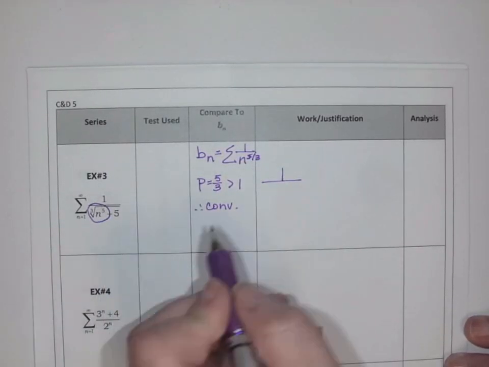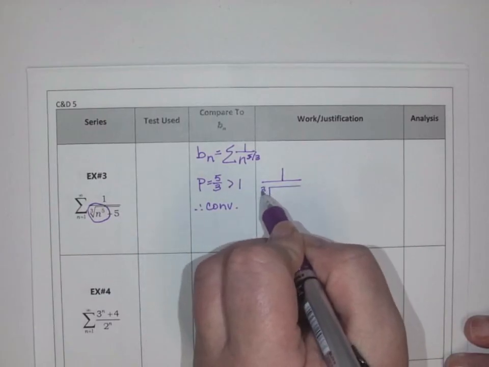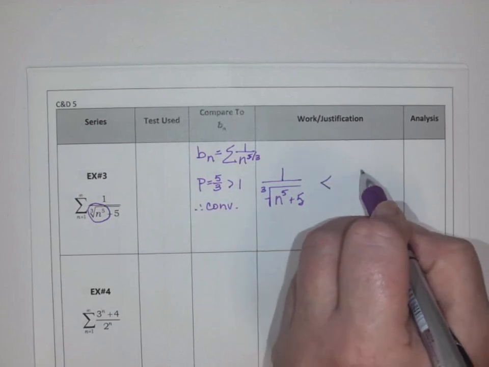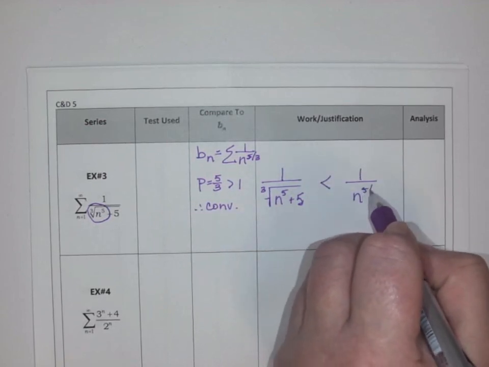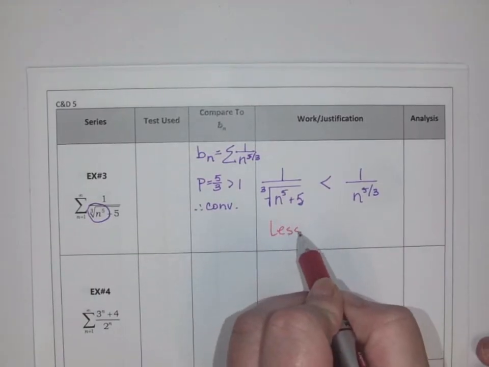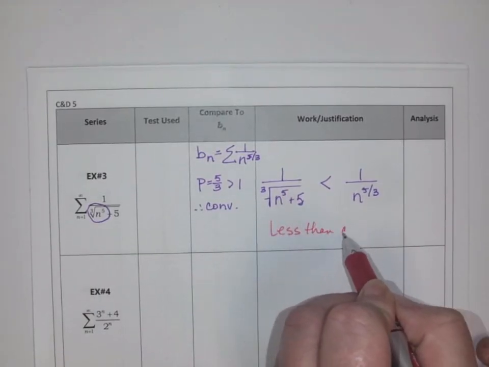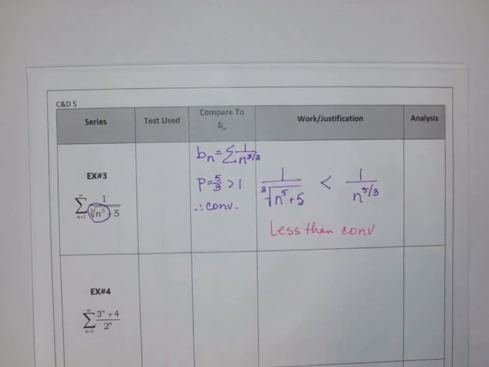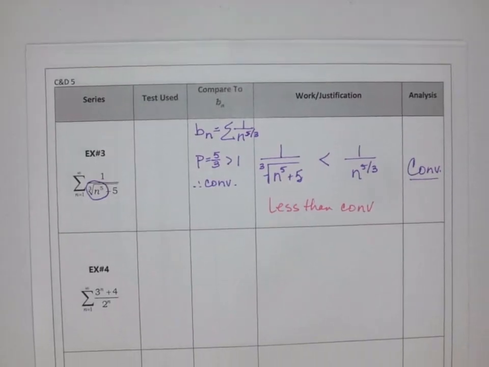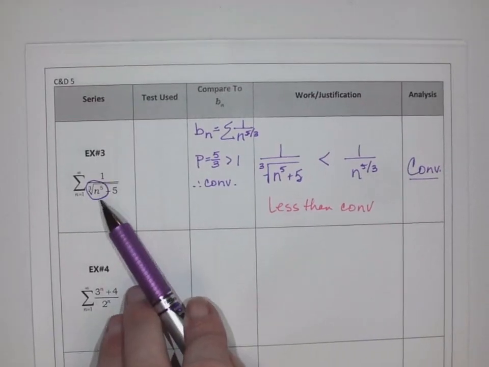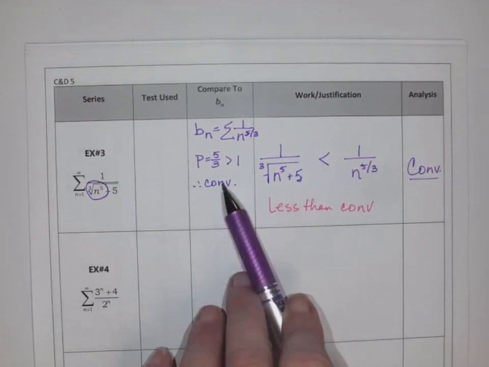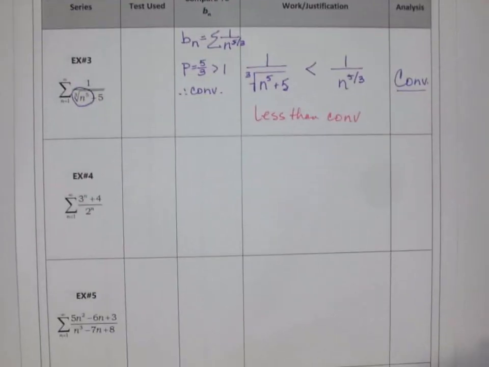We're going to write 1 over the cube root of n to the 5th plus 5 is less than 1 over n to the 5/3, which remember is a convergent, and so less than a convergent converges. That's what I mean by getting it to line up. The one we were given is smaller than the one we're comparing it to, so we can be less than a convergent.